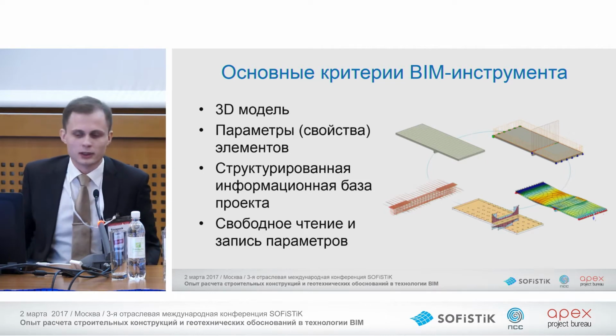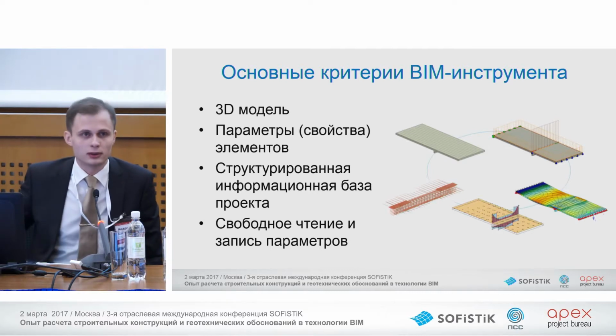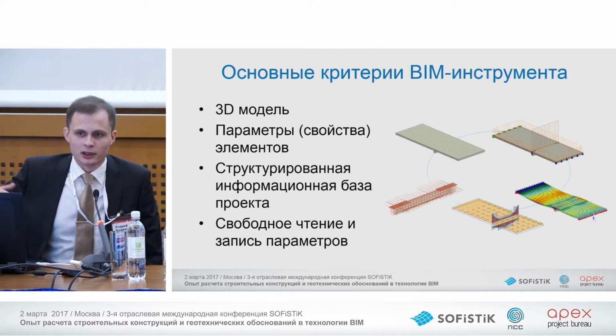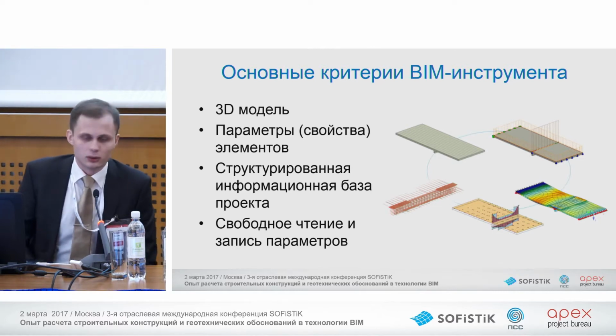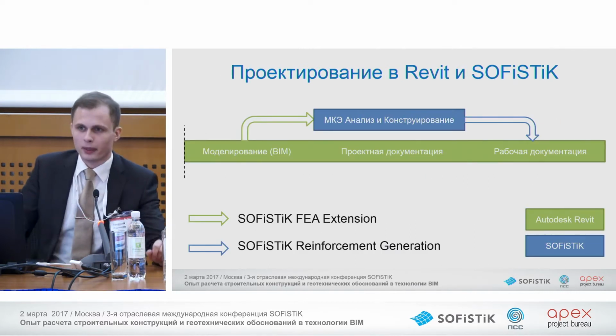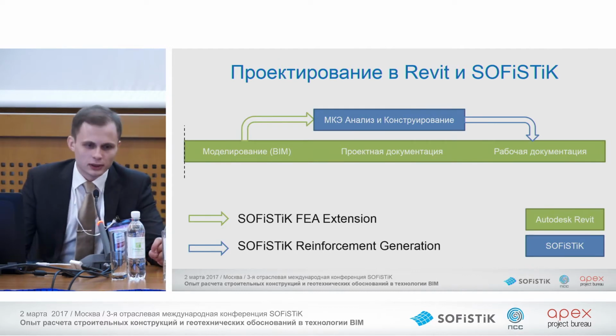So BIM of the second level requires interaction and sharing, collaboration. Any information must be taken from the model, you know how to address it, and then record appropriate information as well. SOFiSTIK complies with all those criteria.